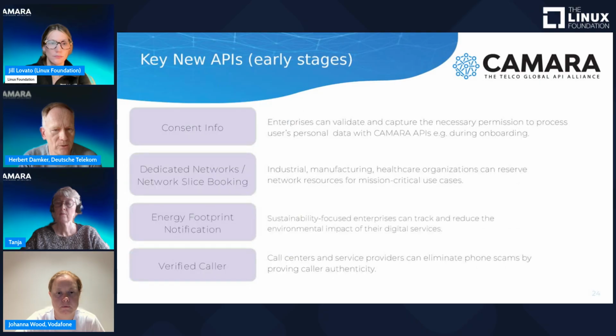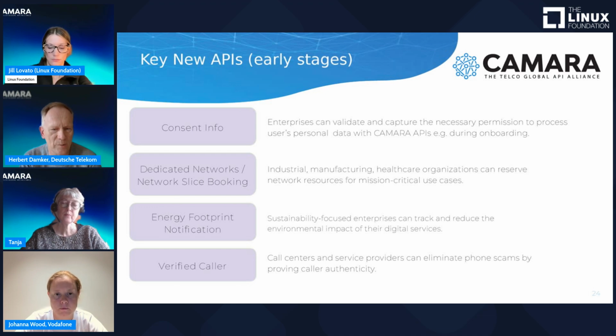If we go then to the new kids on the block, which are in early stage, there's one very important, which already Tanja mentioned from the Identity and Consent Management Working Group, is Consent Info.